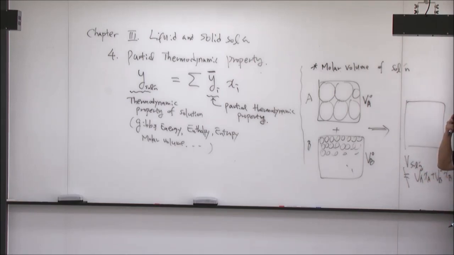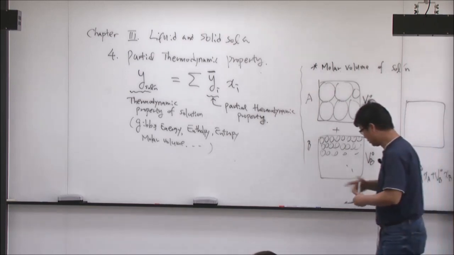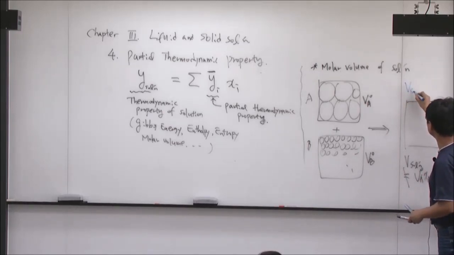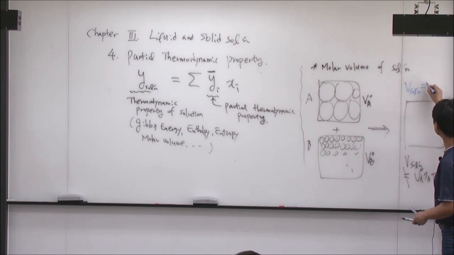So people say, good, I can understand this one. Then how do you want to actually define the molar volume here? We want to define the molar volume instead of just the summation of pure A and pure B. We want to define V, the molar volume, as VA XA plus VB XB.